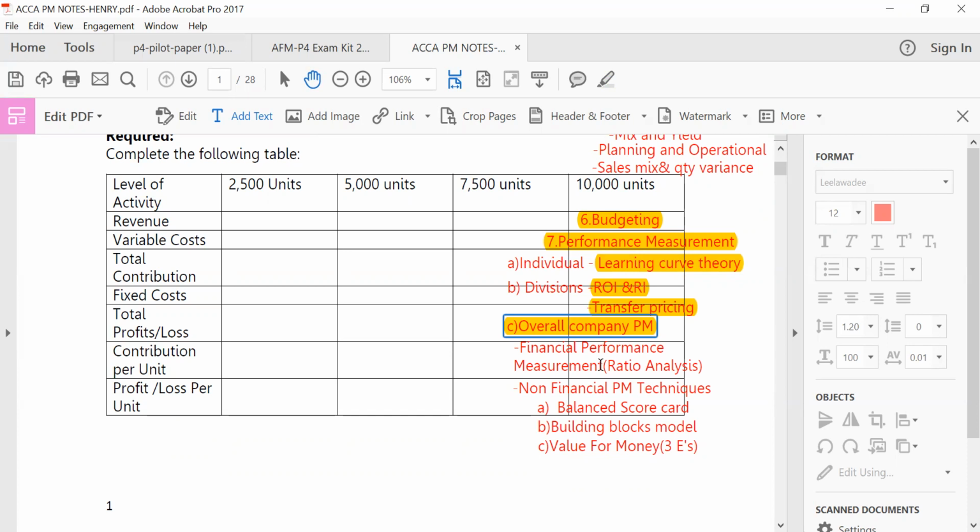He tends to like assessing the performance of a company using both financial and non-financial techniques. One, we have the balanced scorecard, which tends to do that. Two, we have the building blocks. And when you talk about value for money, it only looks at assessing performance of non-profit organizations, like charitable organizations, like NGOs. So value for money, the 3 E's, right?